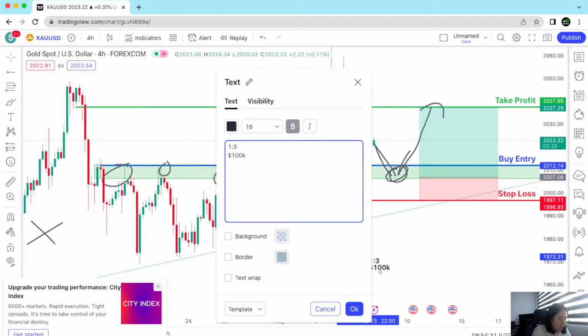Your maximum loss is $1,000 and your potential win is $3,000. So I think this is a very good risk to reward trade, to be honest. I think this is a very good trade because it's a 1 to 3 kind of trade.